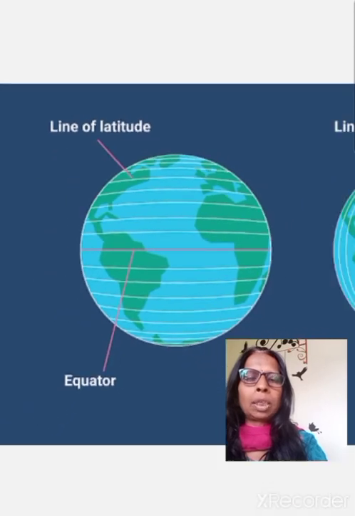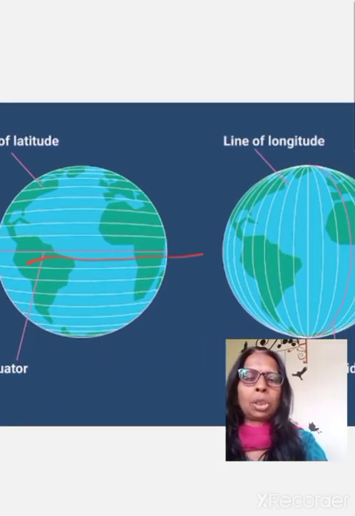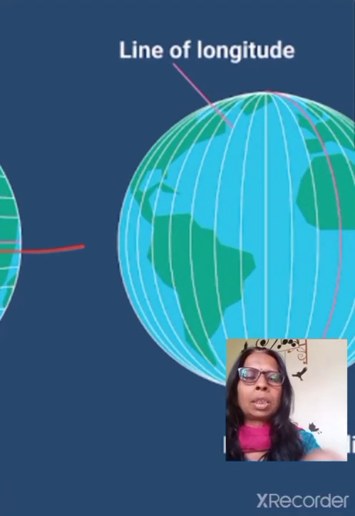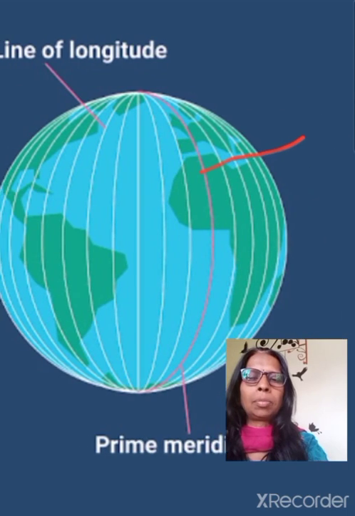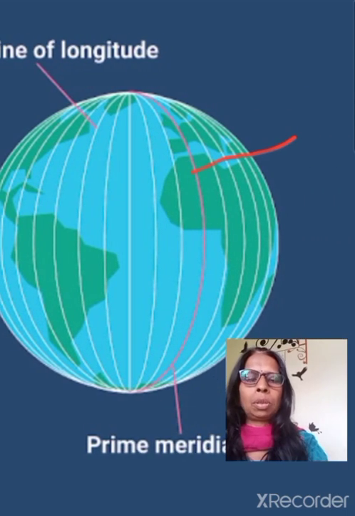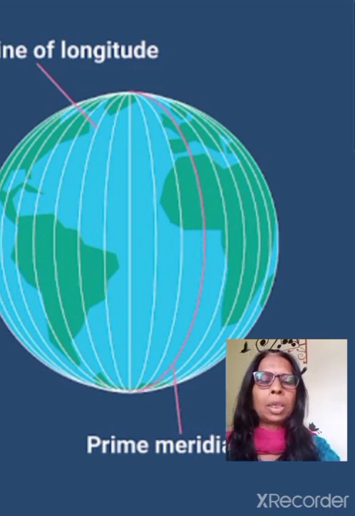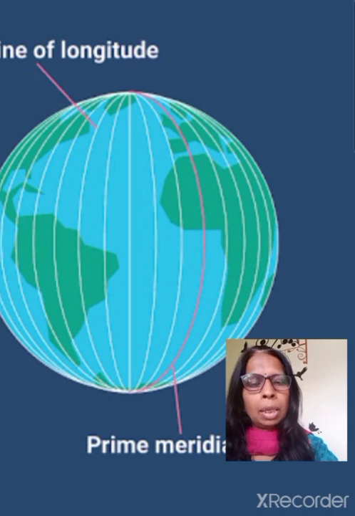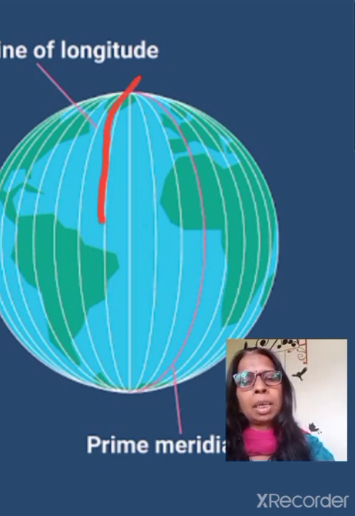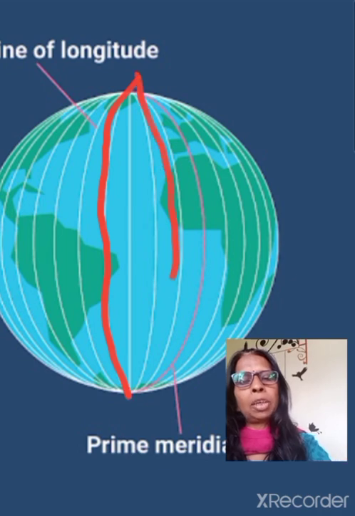So let's try to understand what longitudes are. Okay, children, I'll just try to zoom this particular thing. What are longitudes? The lines which run in a semicircular direction. They don't run parallel.